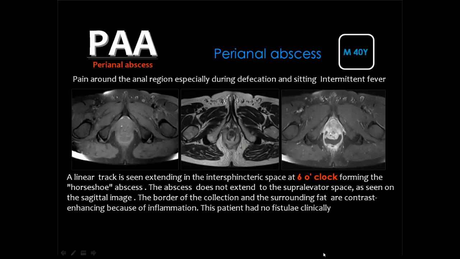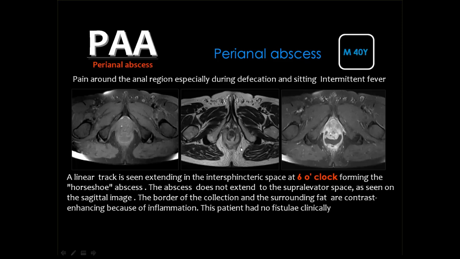And this is an example. You should know that anal abscesses may or may not be associated with fistula, and here you have only an abscess which is located in the intersphincteric area.